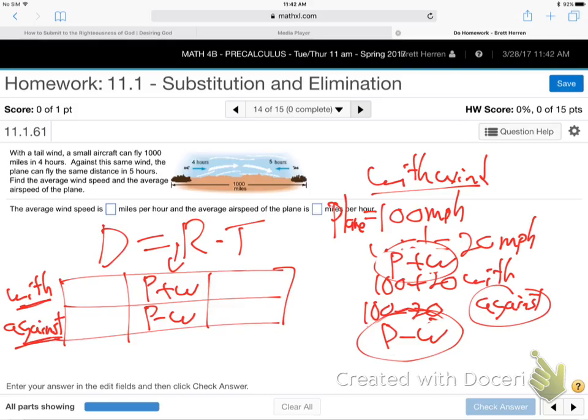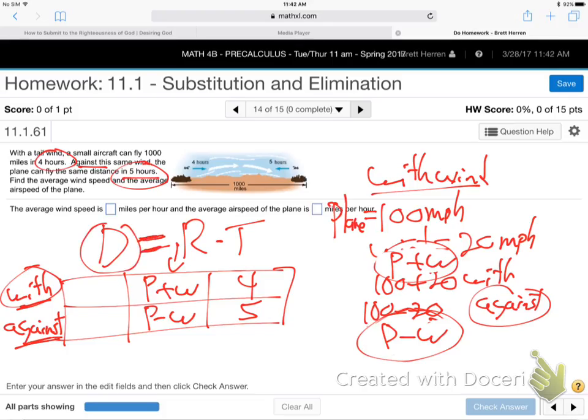Okay, so what's it saying? It can do the trip in 4 hours. That's the time with the wind. 5 hours is the time against the same wind. Good so far? Now, how do you get D?